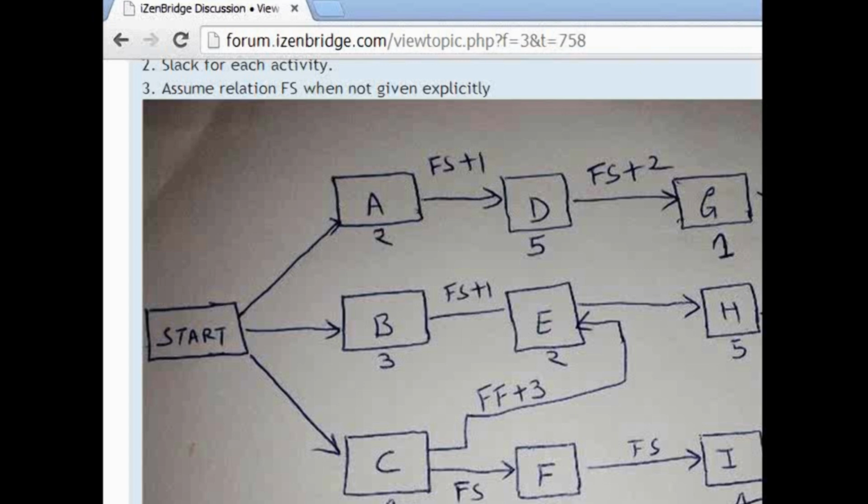You can also get simple textual questions the way I was asking during my presentation. But do make yourself familiar with diagram-based questions as well. So please look at this particular thread and explore the critical path and the durations here.